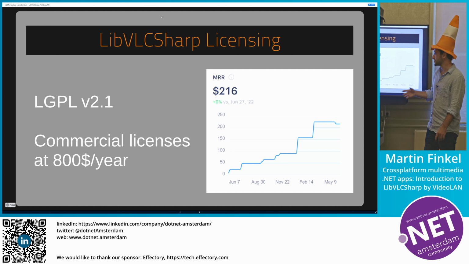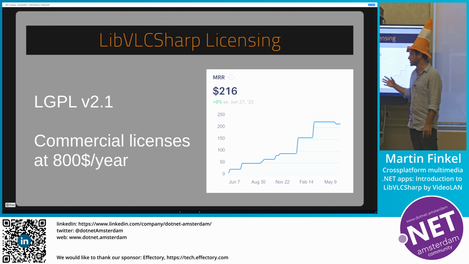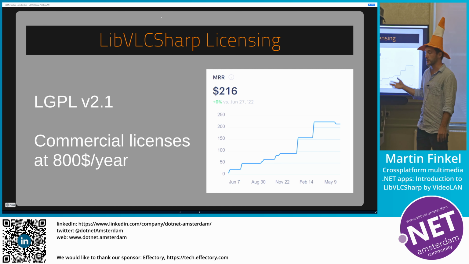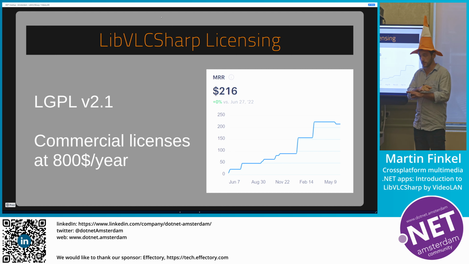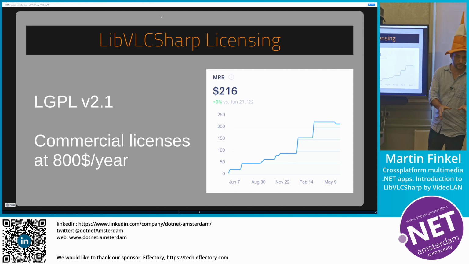So I just want to say that there are no limitations when it comes to using LibVLC, which is also LGPL 2.1, and LibVLCSharp in proprietary applications. You can use all of this code in your closed source apps without any problem.